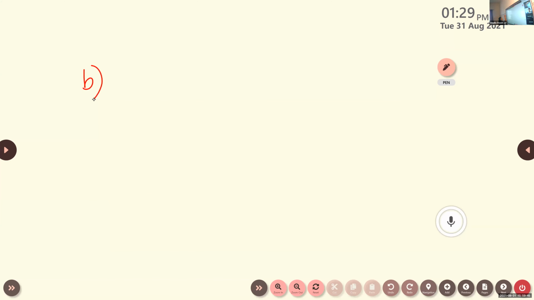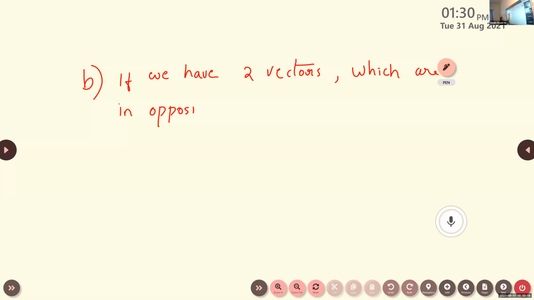Case B. If we have two vectors which are in opposite directions, then can you guess what about the resultant vector? Try to guess.